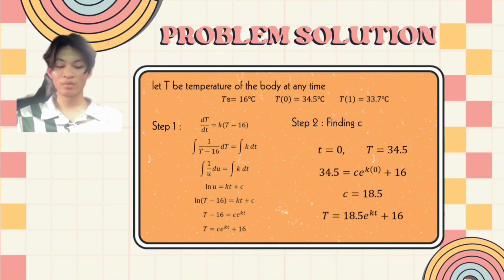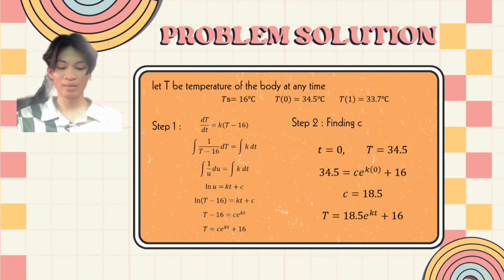Substitute the information into our mathematical equation. We will get dT/dt equals K(T minus 16). First of all, we need to separate the variables, with the temperature variable on the left and the time variable on the right. Then we integrate both sides.